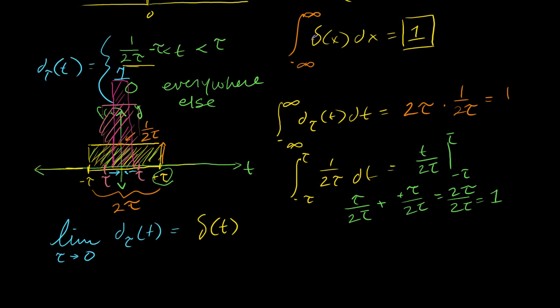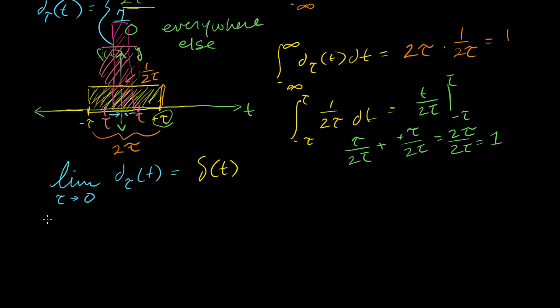And because of this, if you ask, what's the limit as tau approaches 0 of the integral from minus infinity to infinity of d sub tau of t dt, well, this should still be 1, right? Because this thing right here evaluates to 1. I'm being very generous with my definitions of limits and whatnot.